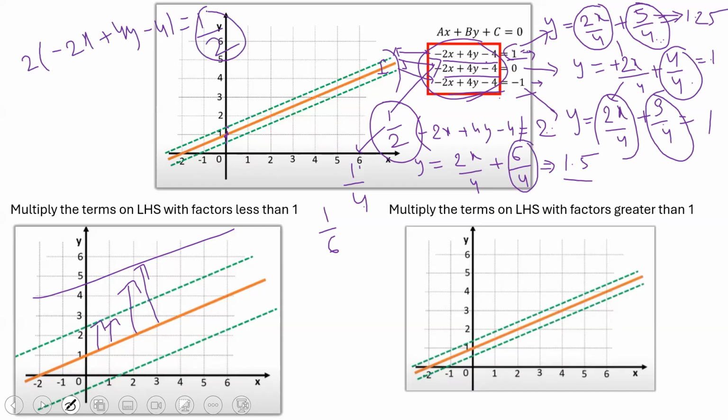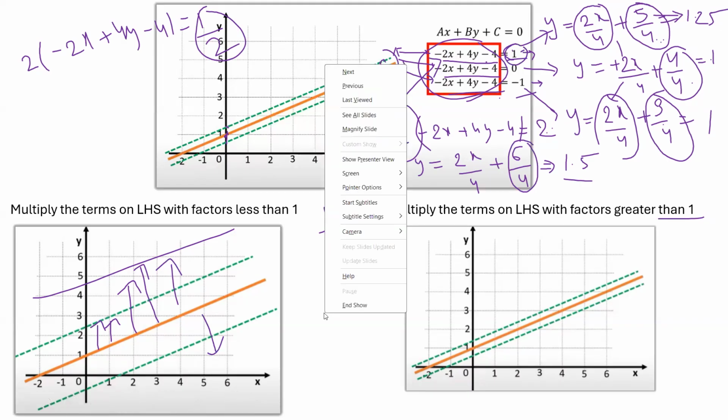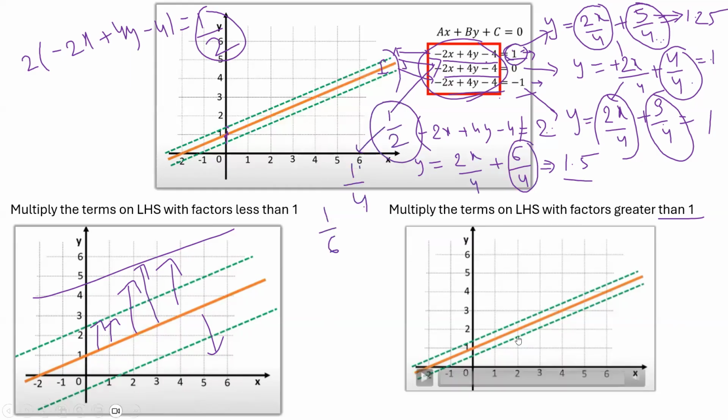When we multiply with a factor less than 1, the intercept will increase so that the lines will move far away from this particular line. And if you multiply this with a factor greater than 1, the intercept will decrease and the lines will go close to that optimal line. At some point, they will all go to that optimal line.